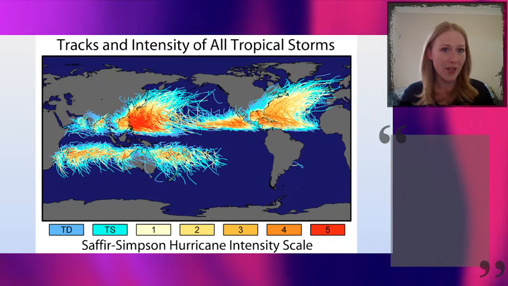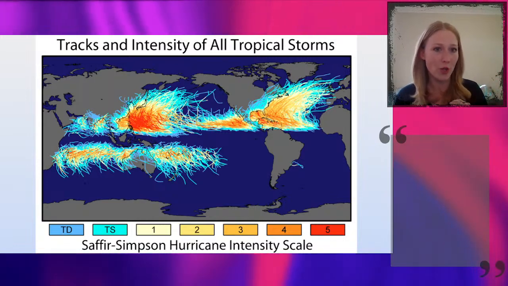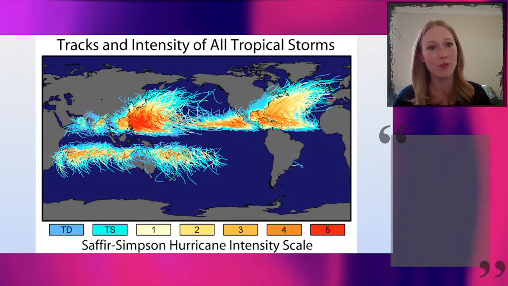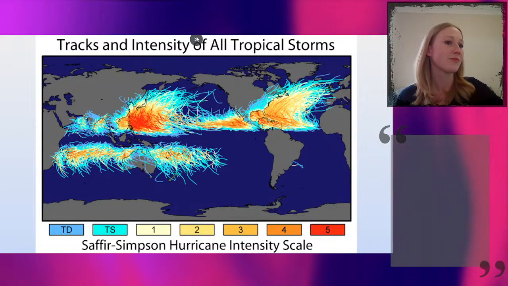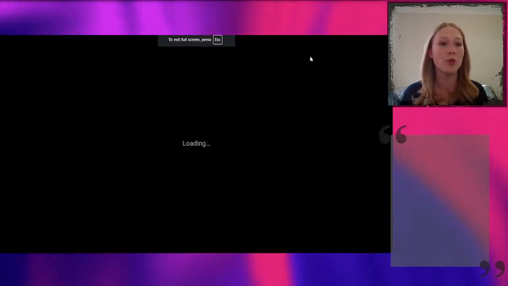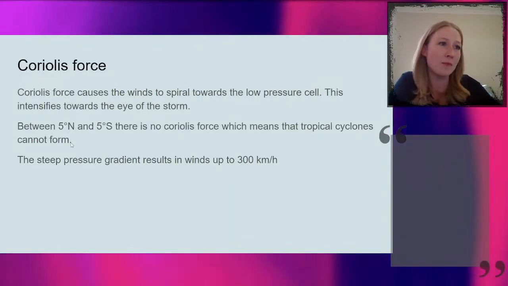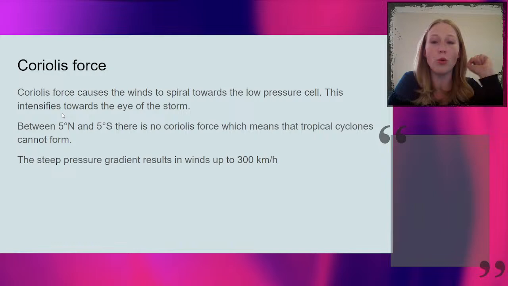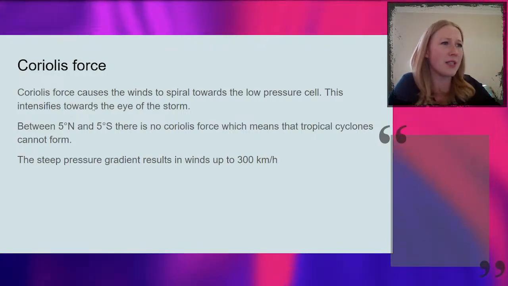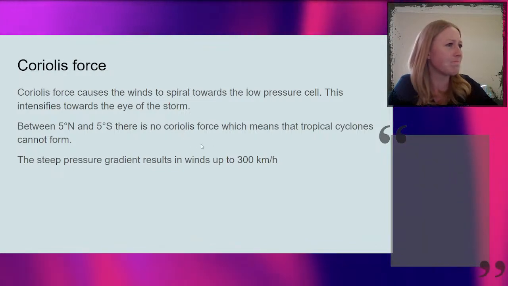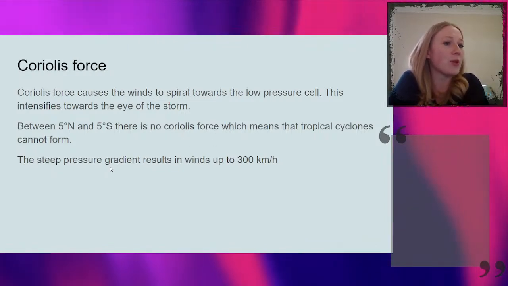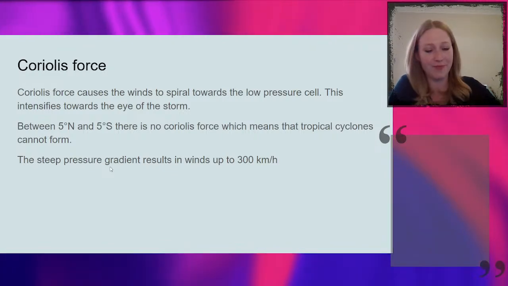So you won't find a hurricane or tropical cyclone forming on the equator because there's no Coriolis force. That is why we would always see them from about 5 degrees north or south of the equator to about, I think it's 30 degrees. I didn't note it. Okay, and wind speeds, very strong wind.